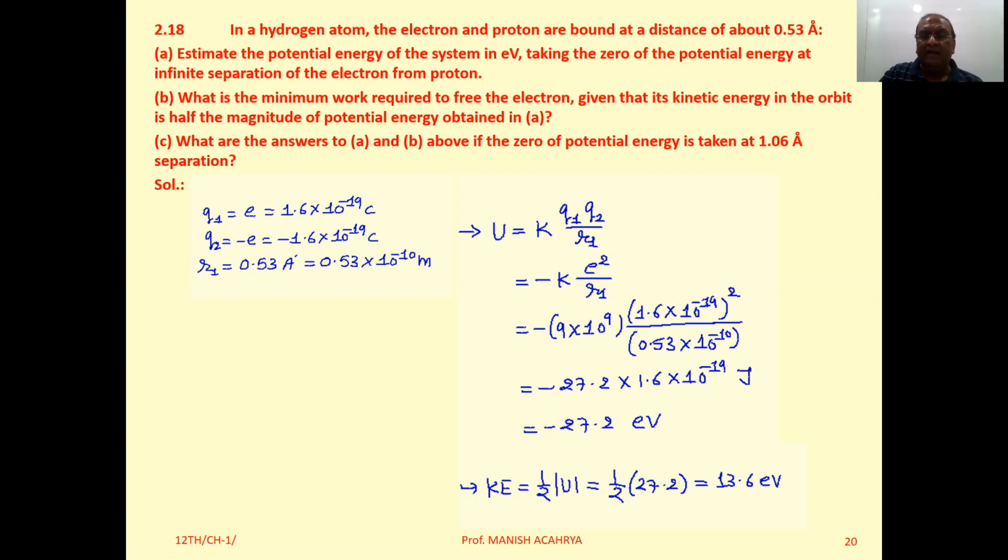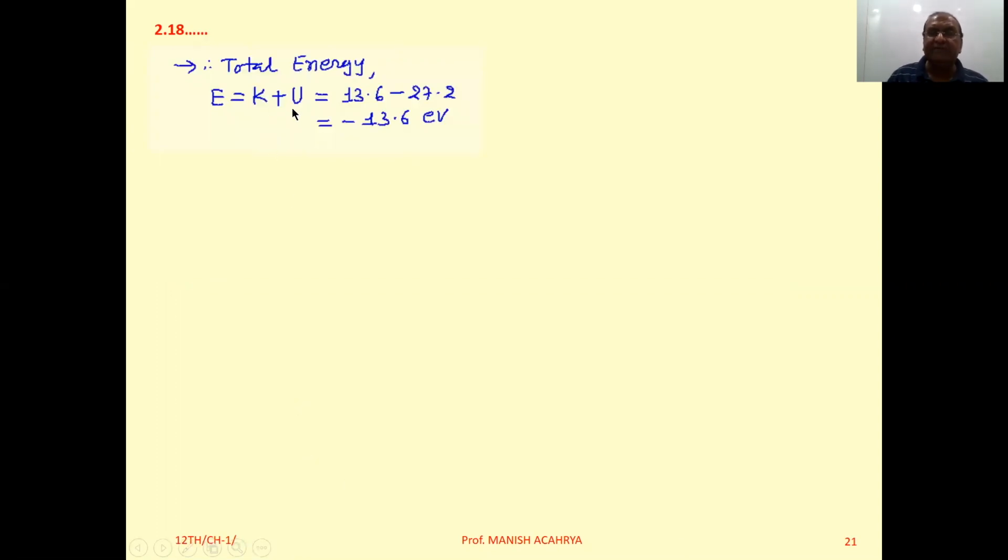Okay. Now, total energy of the system is kinetic energy plus potential energy. So kinetic energy is 13.6 electron volt, potential energy is minus 27.2 electron volt. So resultantly, the total energy is minus 13.6 electron volt.